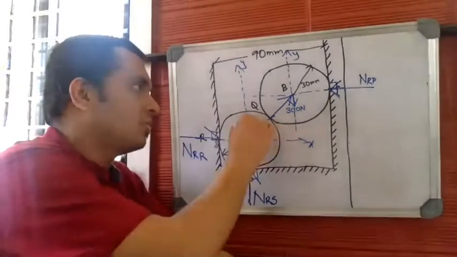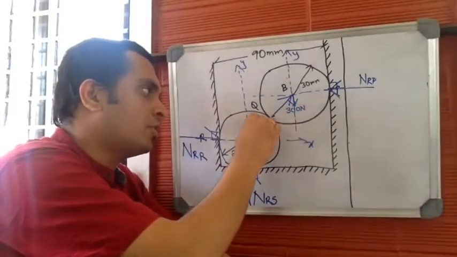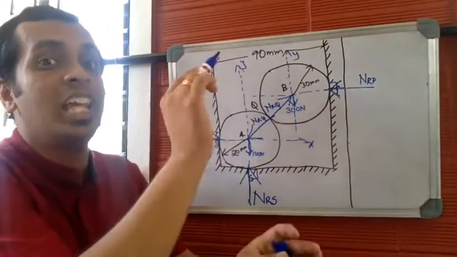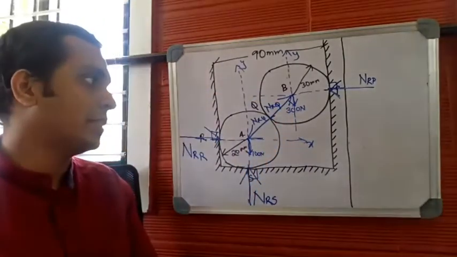Both are normal reactions. So this will be normal reaction about Q, and even this will be normal reaction about Q. Magnitude of both will be the same, as we did in the previous problem.